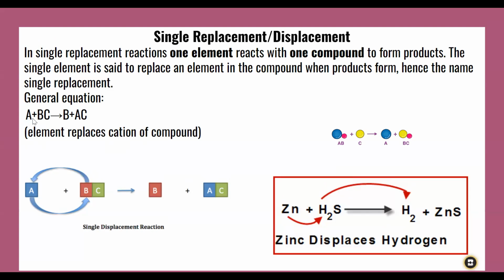For that to happen, this one has to be high in the activity series. You see, it took the place of B and kicked the B out. So the element replaces the cation of the compound. So you see that? Then this is an exact example also of that.